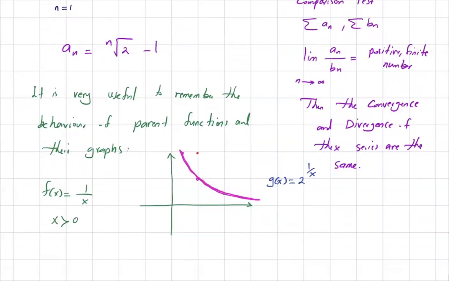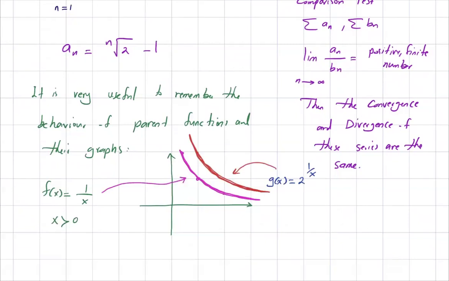When I plug in 3, I get the third root of 2, and so on. So if you use a calculator and plot these points, the behavior is very similar to the function 1 over x. So it's very useful to remember the behavior of the parent functions. It helps you make comparisons a little bit easier.